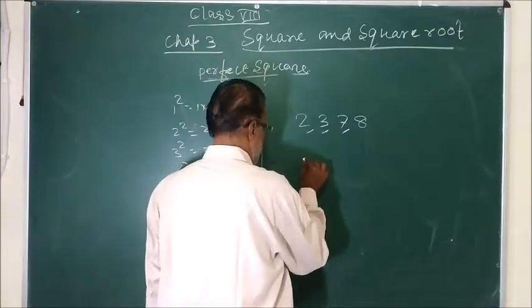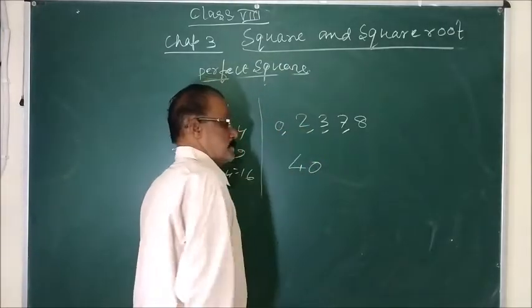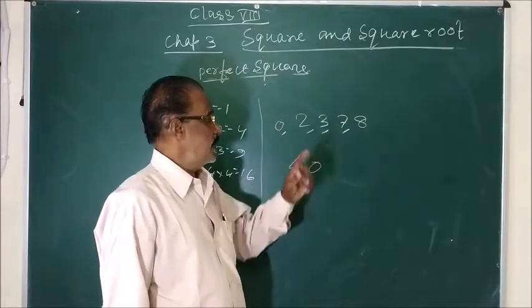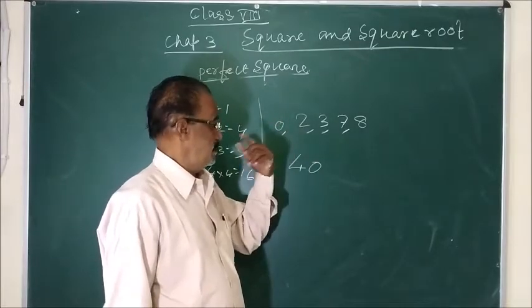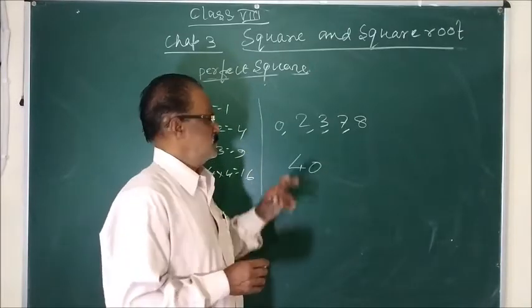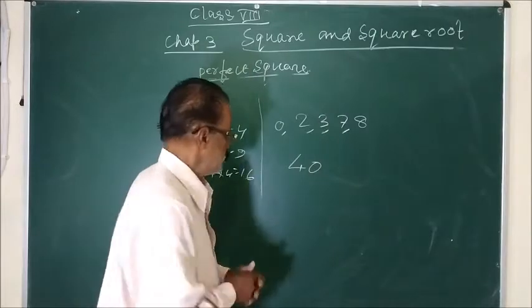Suppose I tell you 40. If zeros are in the ones place and not in even number, that number also cannot be a perfect square.